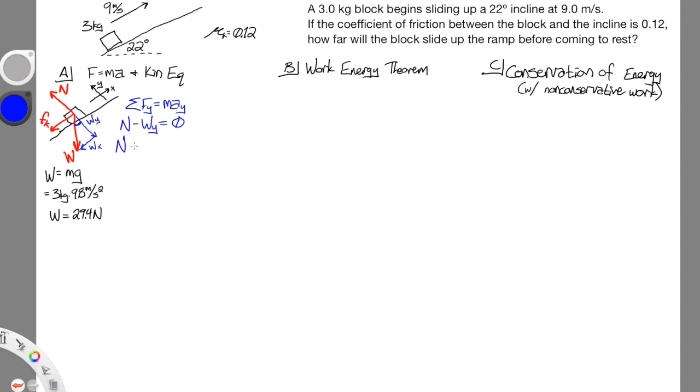So the normal force equals the y component of the weight, and the y component of the weight equals the magnitude of the weight, 29.4 newtons, times the cosine of 22 degrees. So we find that the normal force equals 27.3 newtons.